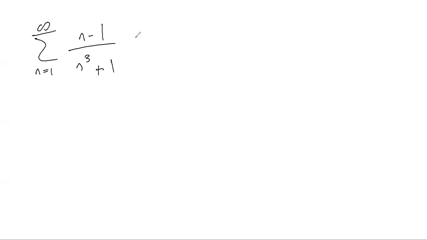Okay. So again, I want to use comparison test. And what should I compare this to? Again, I need to look for the simplest version of this series. Okay, so focus on this n over n cubed. What would that give me? If I focus on that n over n cubed, let's just write that over here.